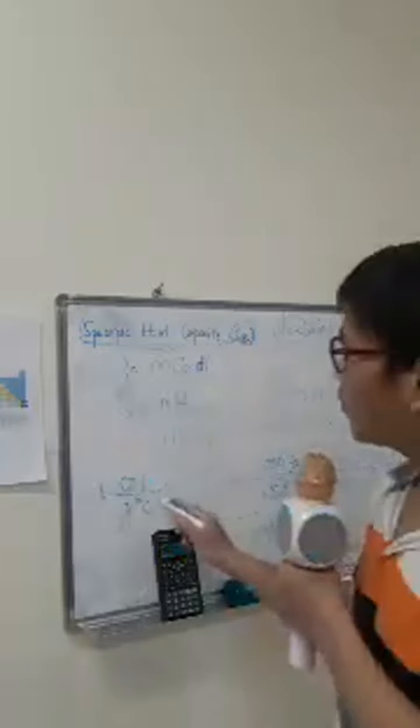Now, guys, our answer now is 4,184 joules. You will use your brain cells, that there are still degrees Celsius remaining here.